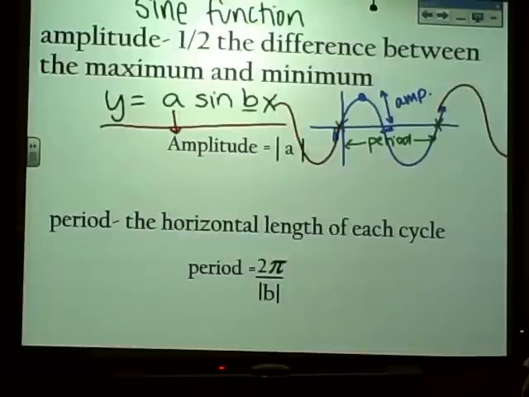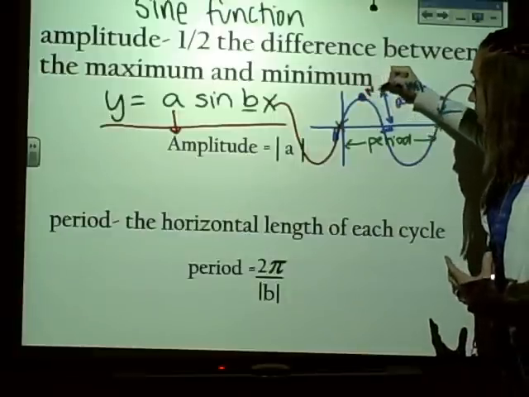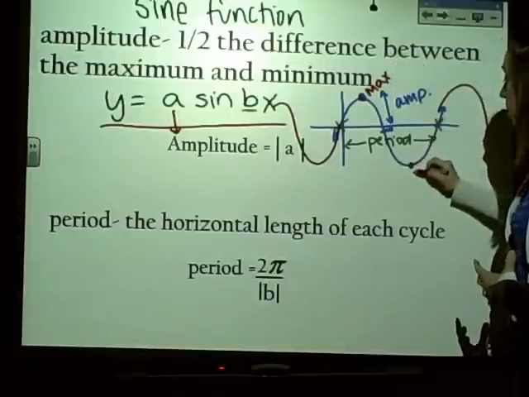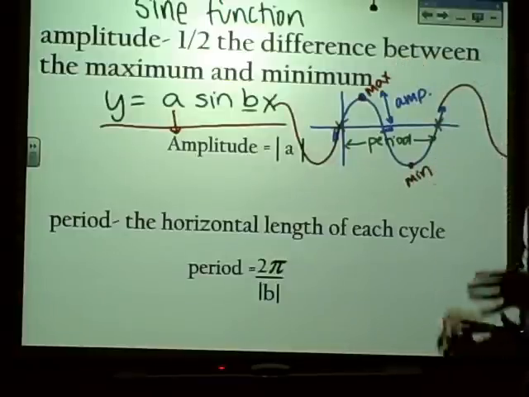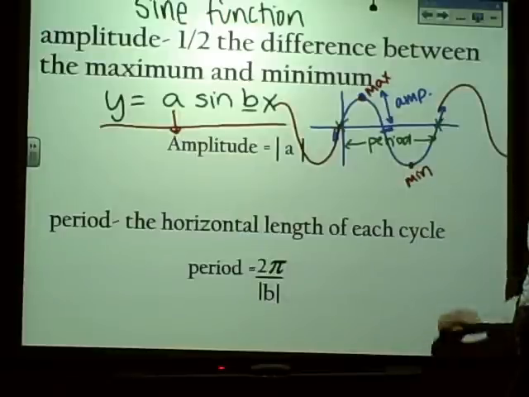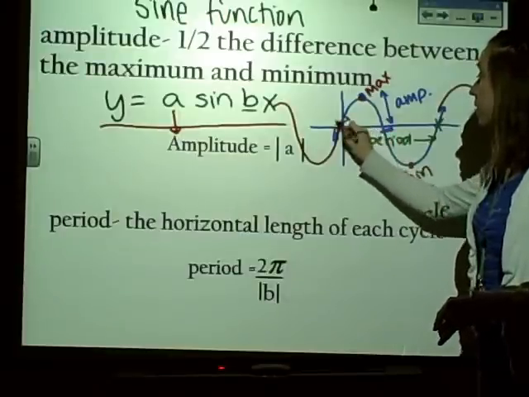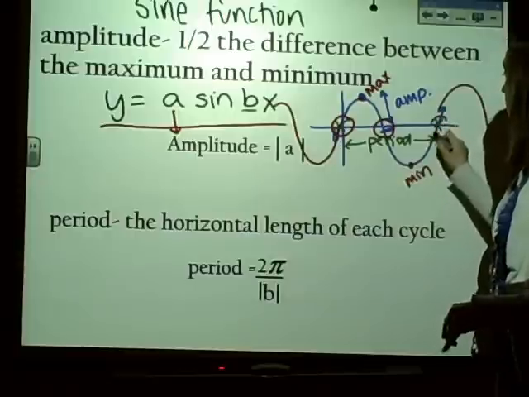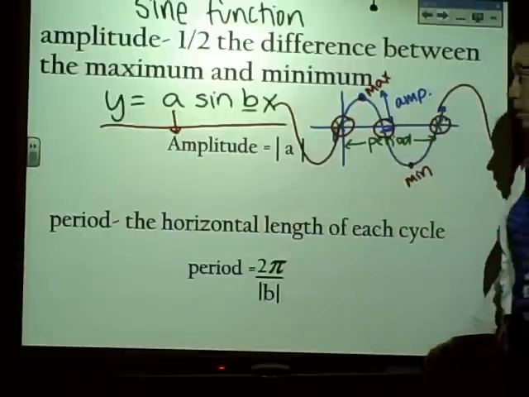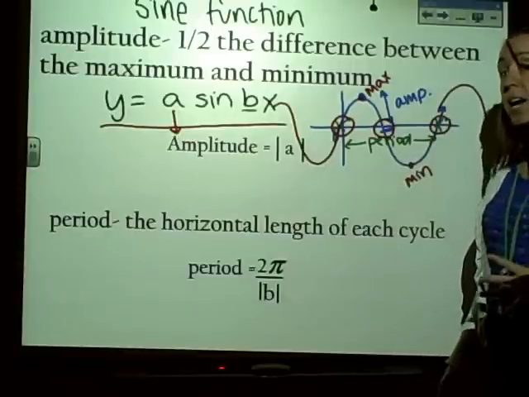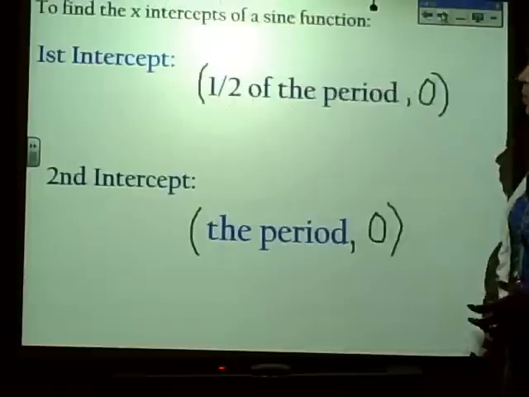Other properties of a sine function include you're going to have a maximum and a minimum. And right now, remember, we're just focusing on a sine function. And you're going to have some x-intercepts, 3 x-intercepts. Okay, and the next slide tells you how to find those values, and then we'll do an example.